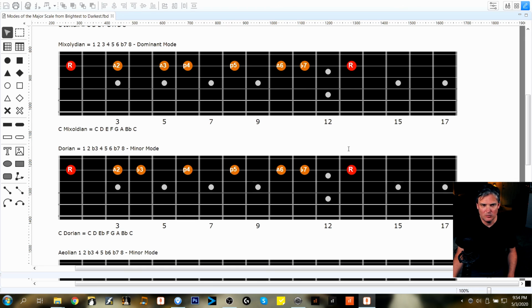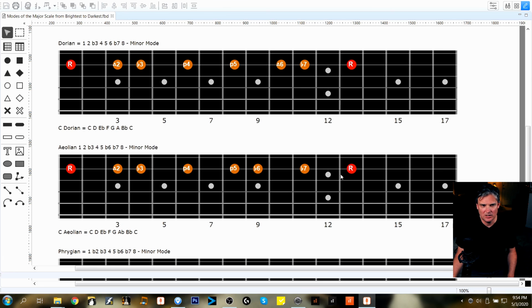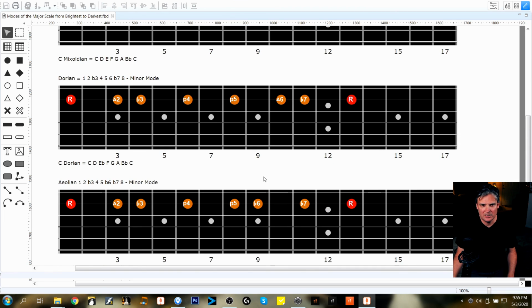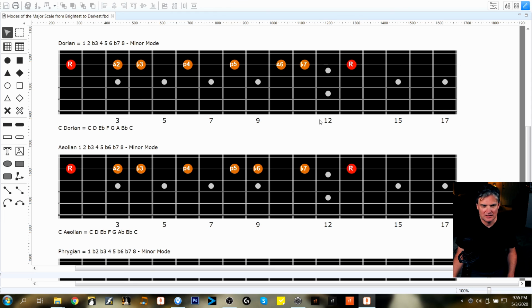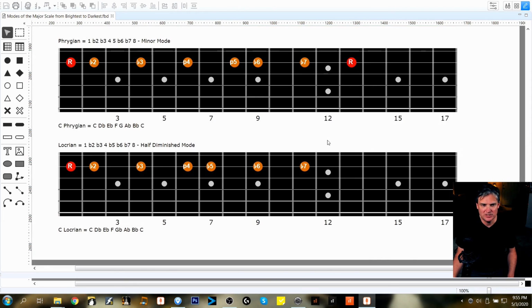All right, and then the minor modes, again, they're Dorian, Aeolian, and Phrygian. And they all have in common a flat 3 and a flat 7. Okay? And then lastly, we have the half diminished mode, which is the Locrian.